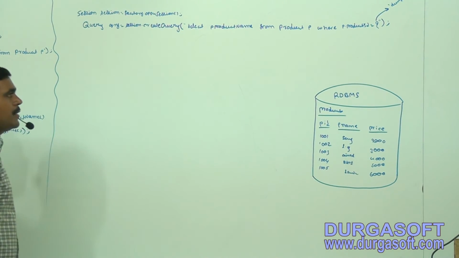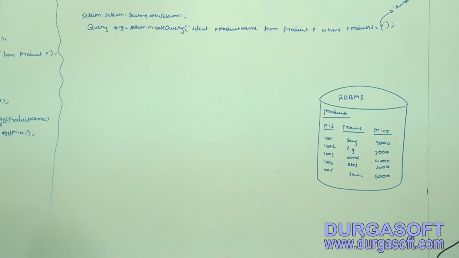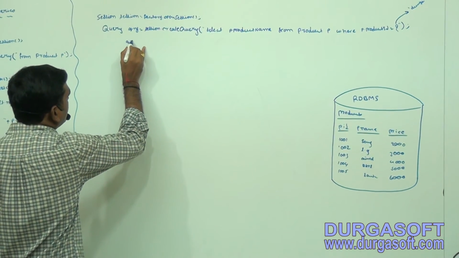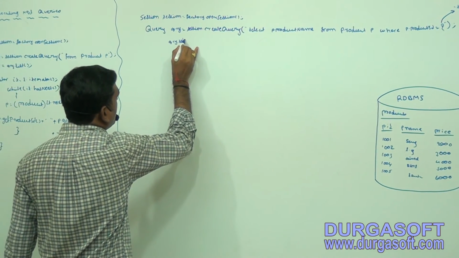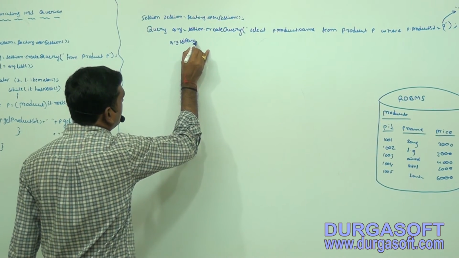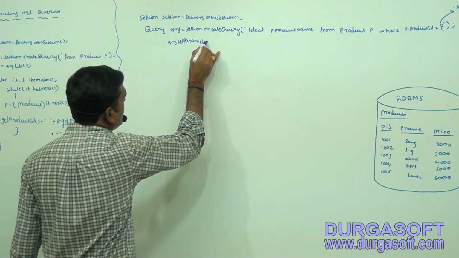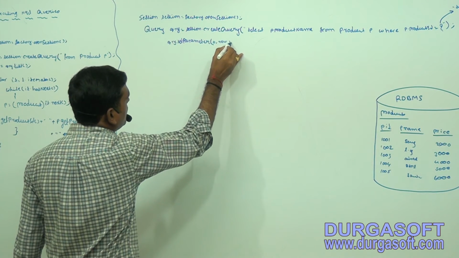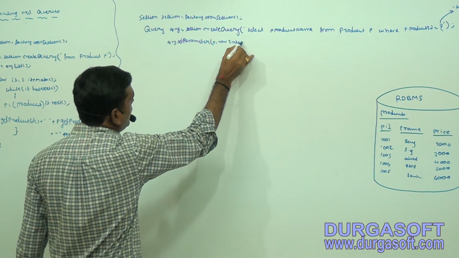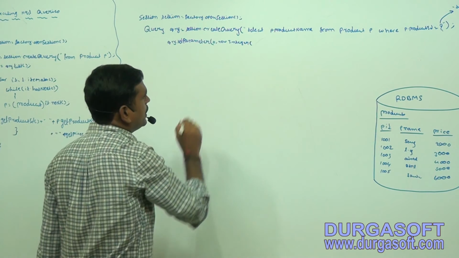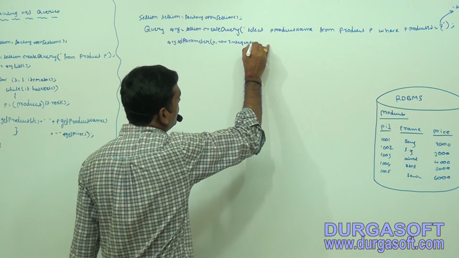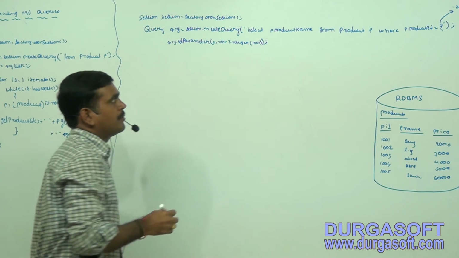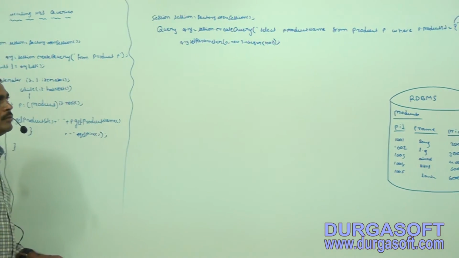Then next, after that, we need to set the value in that question mark place. How to set? query.setParameter, under that 0 comma new Integer(1001).